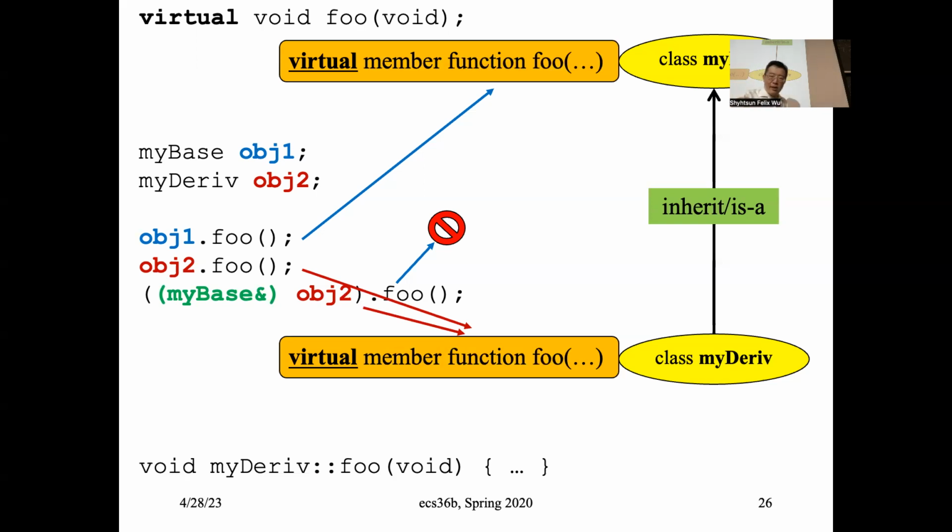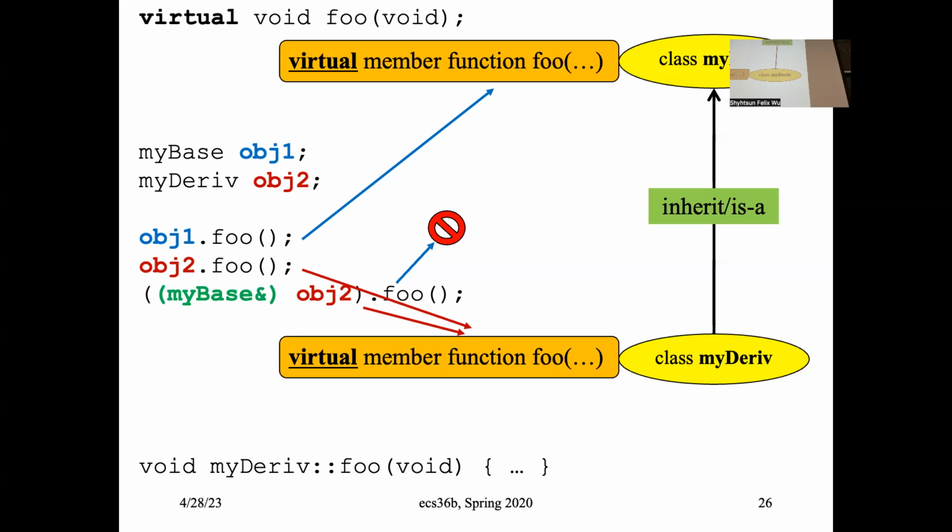In the virtual function case, I determine which version to call based on the type of the object at the time of the creation of the object.